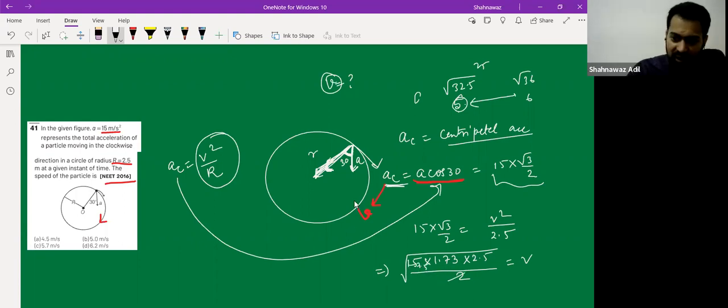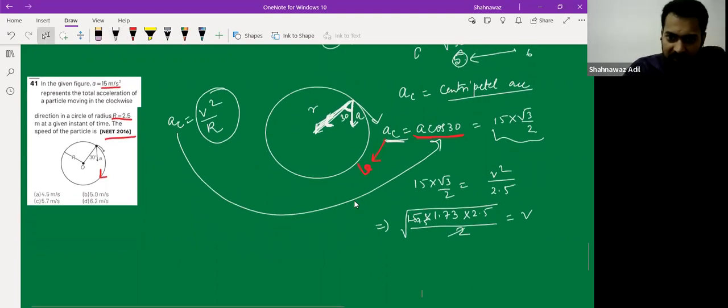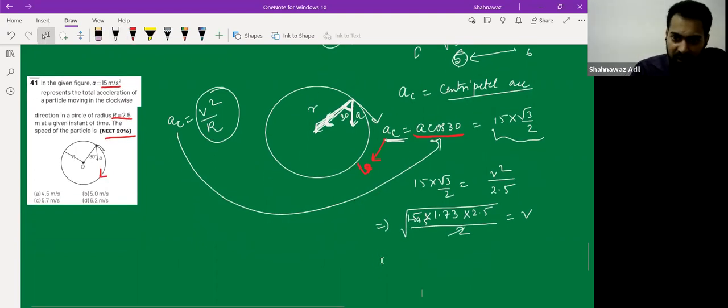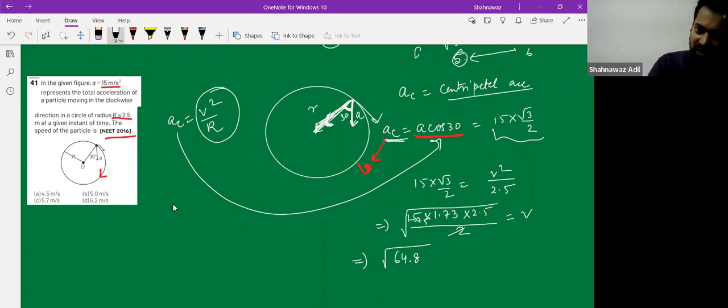Can you tell me what the value under the root will be? 64.8. That is beyond 6, so that is not the answer.